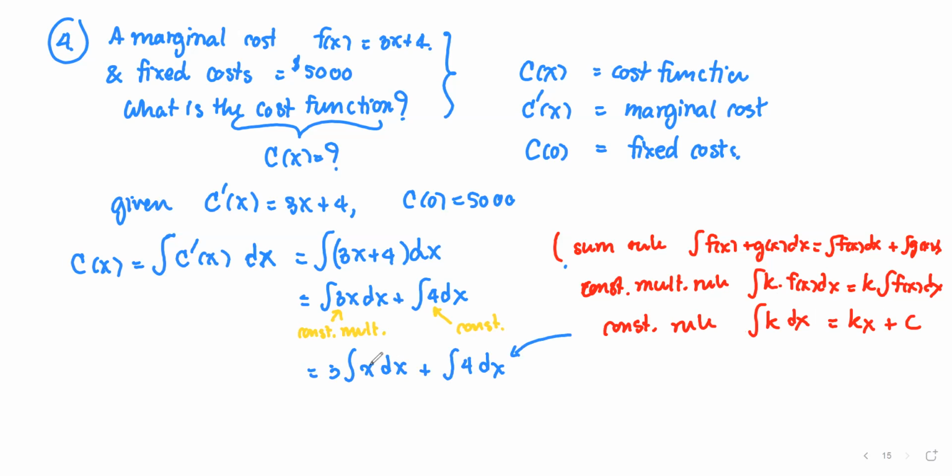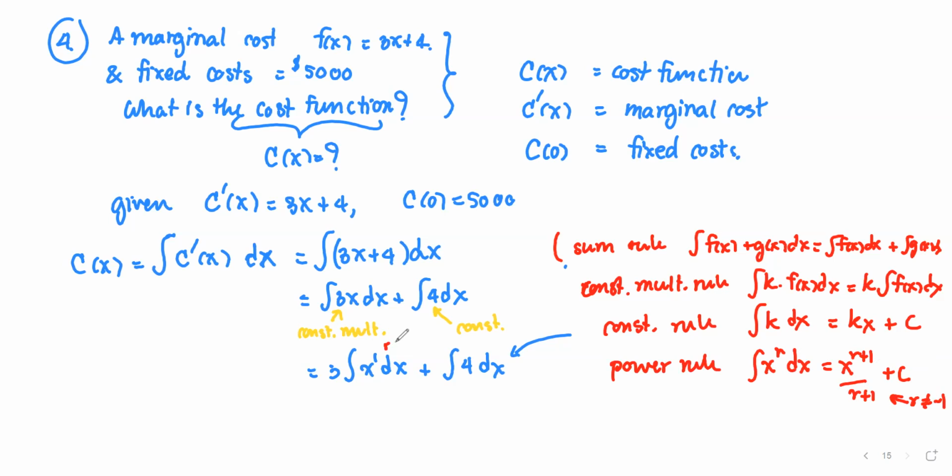And the first term, since you have x to the power 1, another rule we're going to apply is the power rule. So the power rule says the integral of x to the power r with respect to x is x to the r plus 1 divided by r plus 1 plus c. Note that r cannot be negative 1.